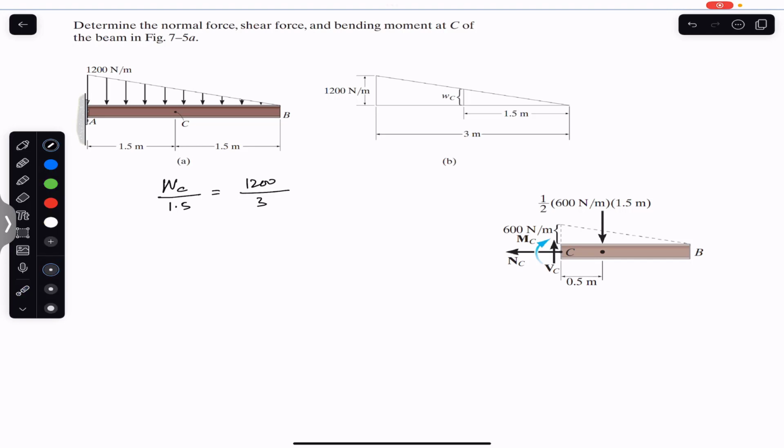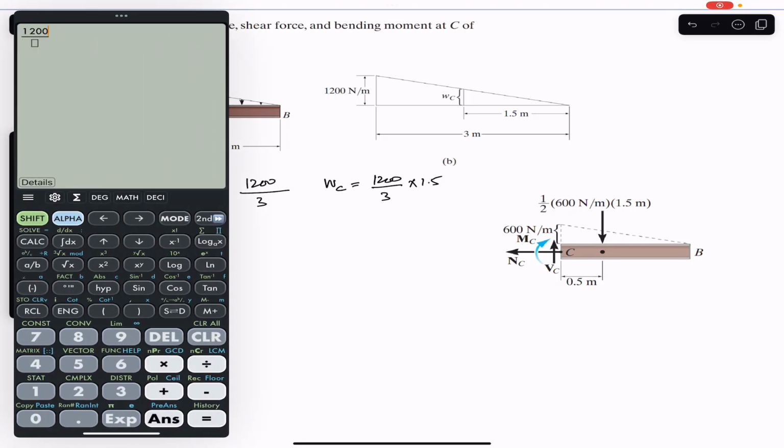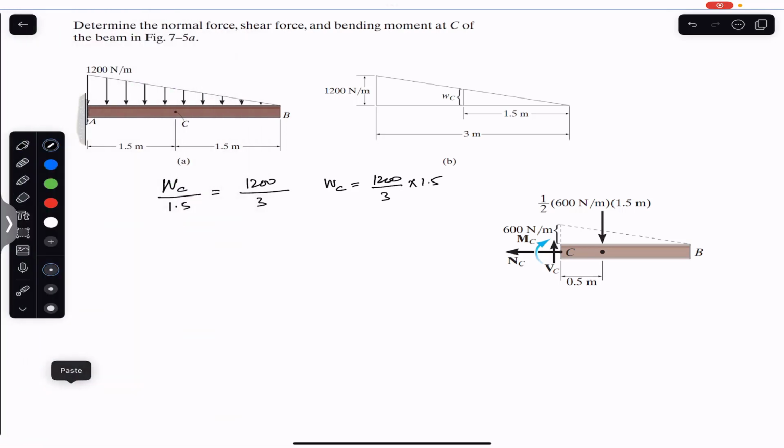From this we can say that WC is 1200 divided by 3 multiplied by 1.5. So 1200 multiplied by 1.5 divided by 3 gives me 600. So this will be 600 Newton per meter.